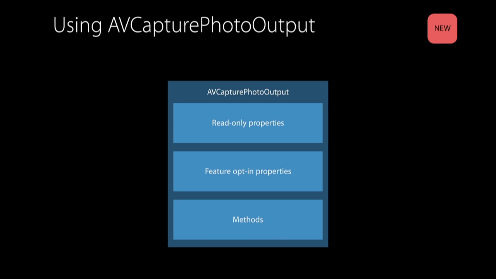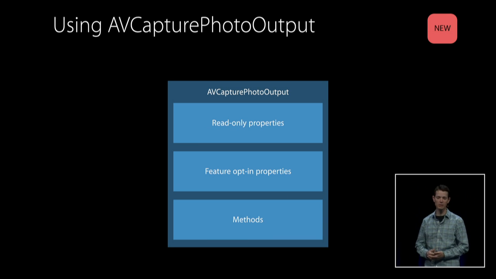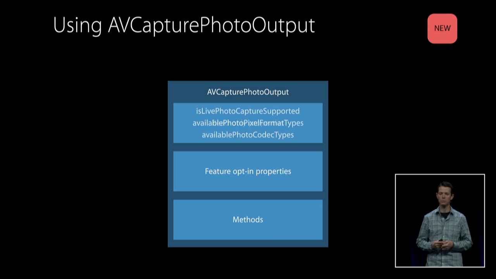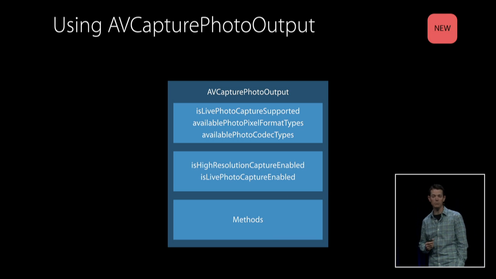Here's what an AV Capture Photo Output looks like. Even with all its new features, it's a very thin interface, smaller even than AV Capture still image output. It has a small set of read-only properties that tell you whether particular features are supported, such as, is live photo capture supported? It has a smaller set of writable properties that let you opt in for particular features when supported.